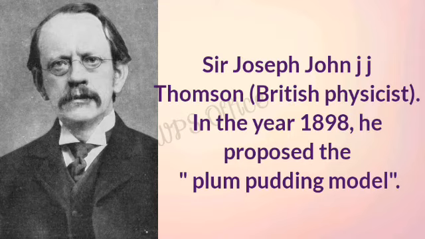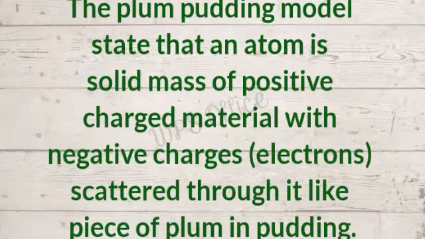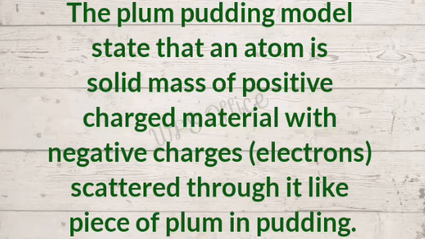In the year 1898, he proposed the Plum Pudding model, which states that an atom is a solid mass of positive charge material with negative charges called electrons scattered through it like pieces of plum in pudding.